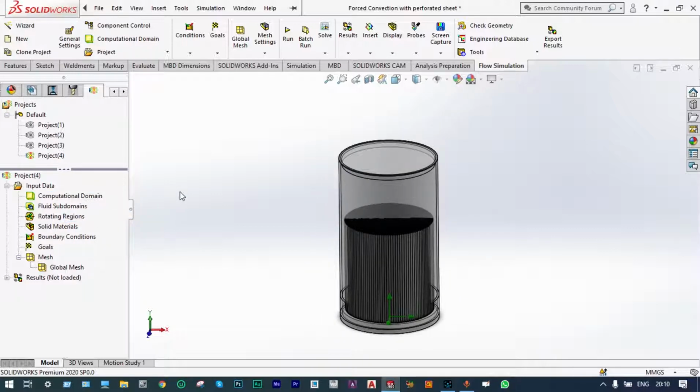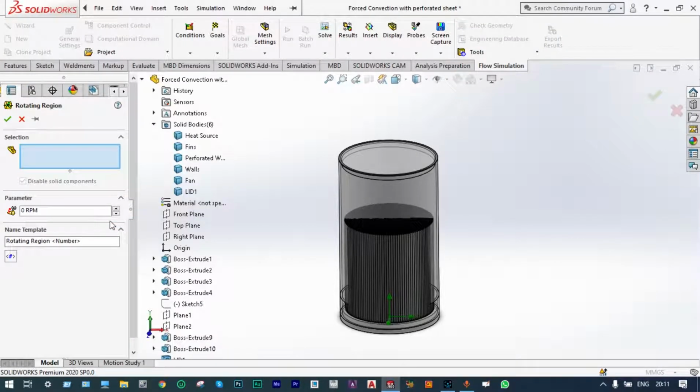Next, we have to provide our boundary conditions. We have already initiated rotating regions that will be provided with specific rotations. Insert rotating regions, and we have to select the rotating regions from here.